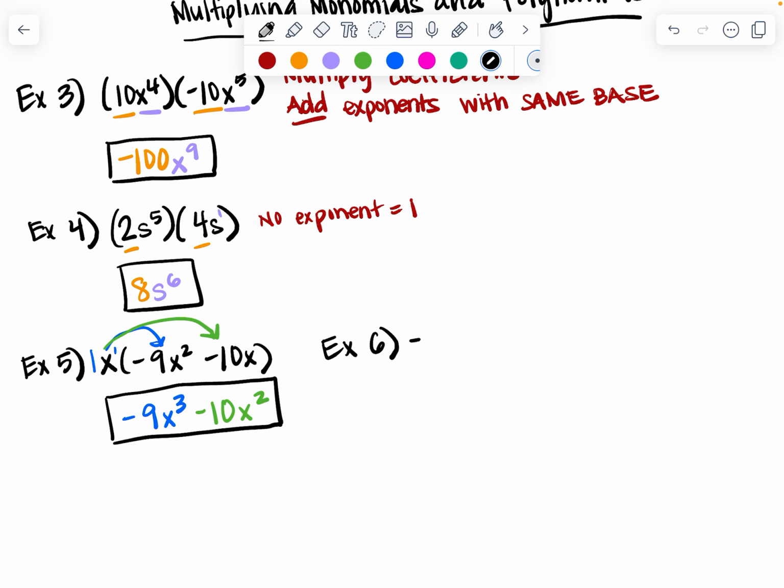The last example I'll do today, so we're going to distribute this negative 10x squared. Negative 10 times negative 8 is positive 80. And we add the exponents, so we have x to the power of 4.